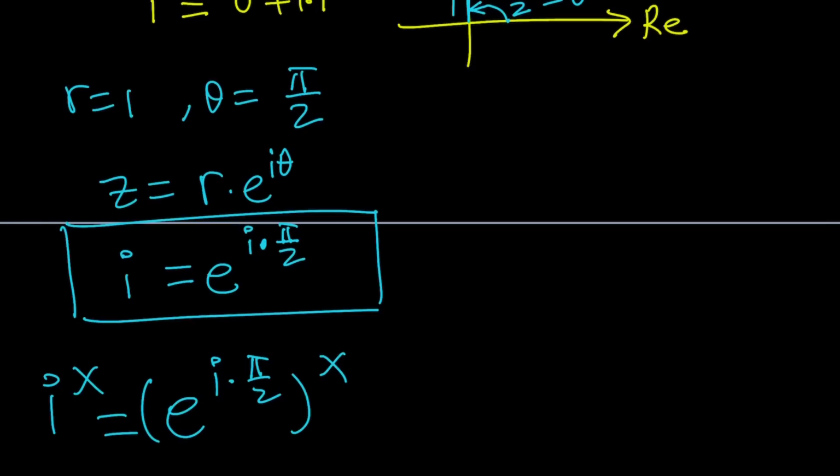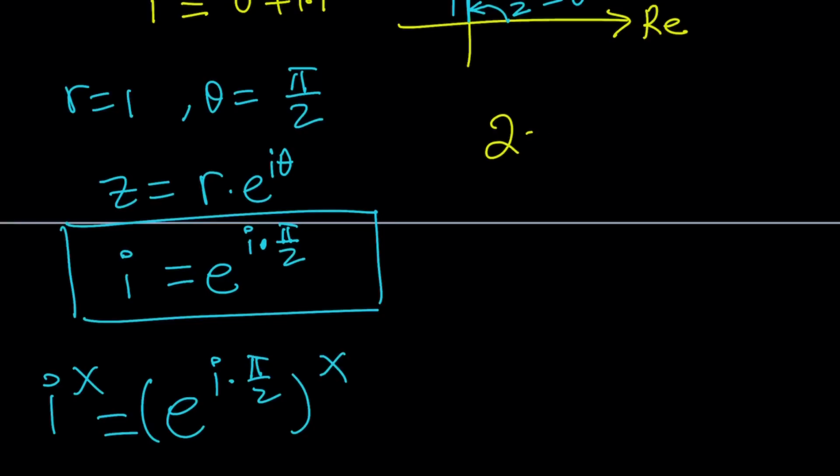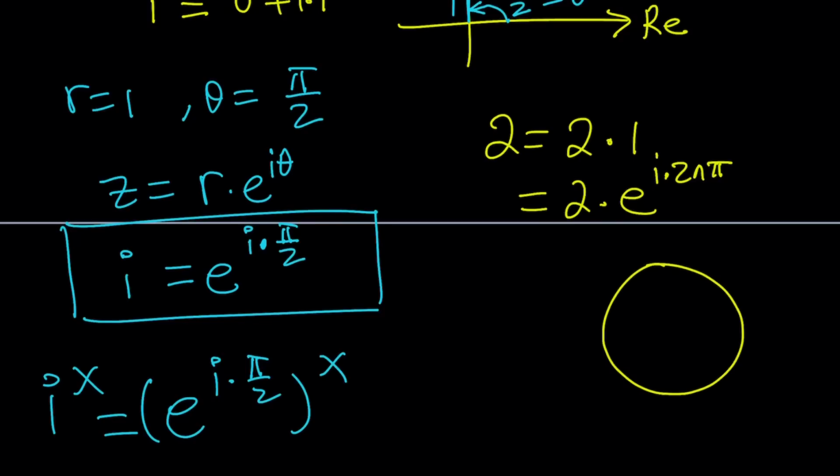But let's also write 2 in polar form. To be able to write 2 in polar form, we're going to write it like this. 2 can be written as 2 times 1, and 1 can be written as e to the power i times 2 pi. In other words, multiples of 2 pi represent 0 radians, or 2 pi radians, or 4 pi radians.